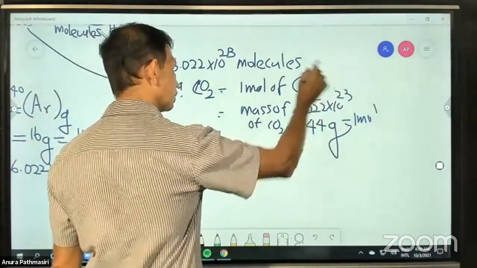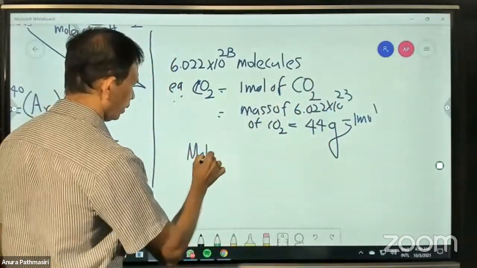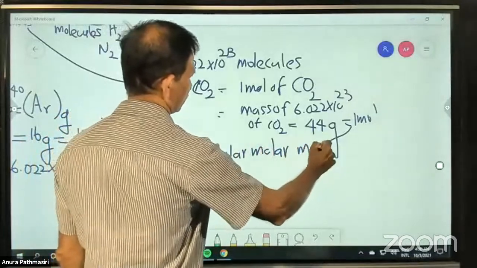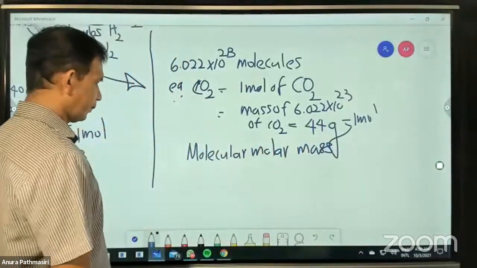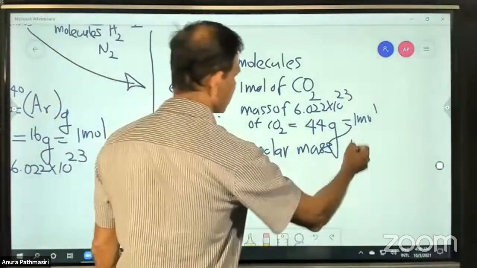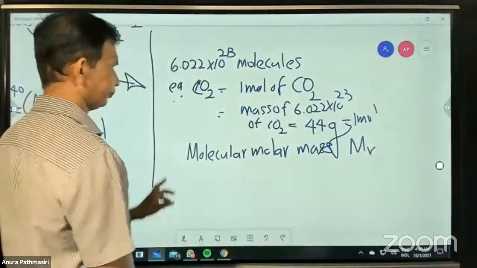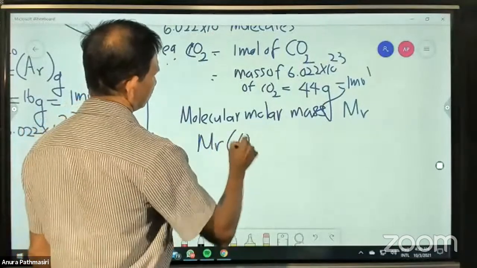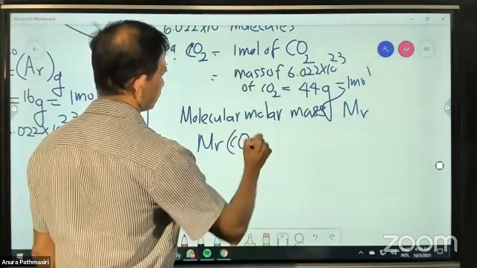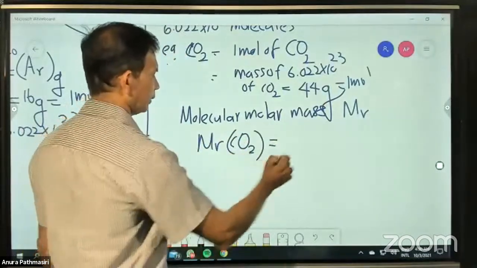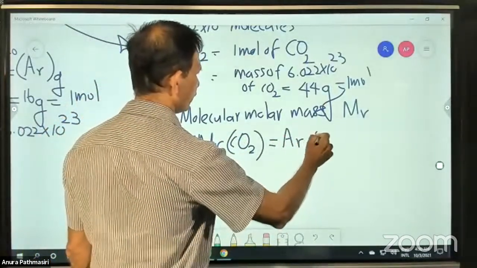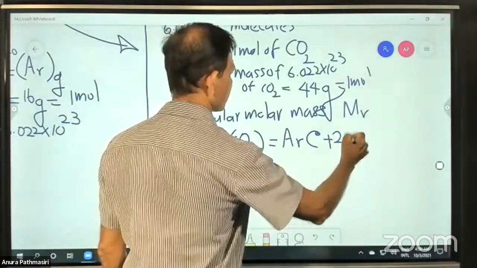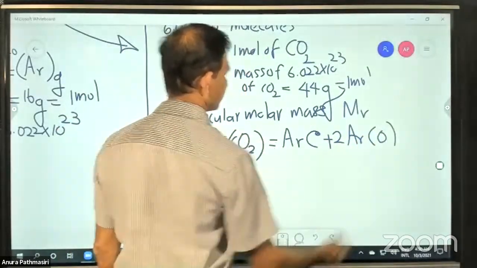Now you have to consider the molecular molar mass, which is written as capital M, small r, Mr. The Mr of carbon dioxide is equal to the AR, relative atomic mass of carbon, plus 2 times AR of oxygen.